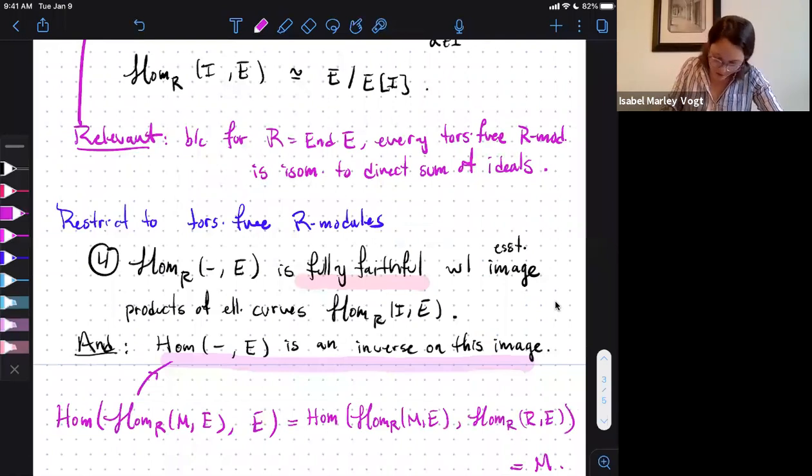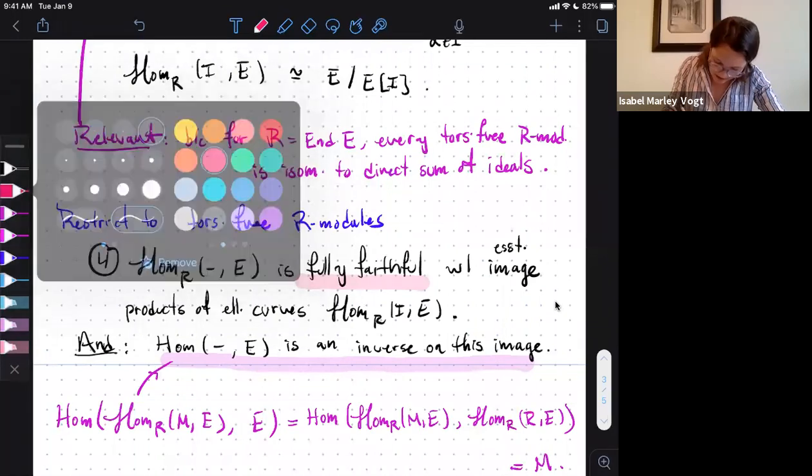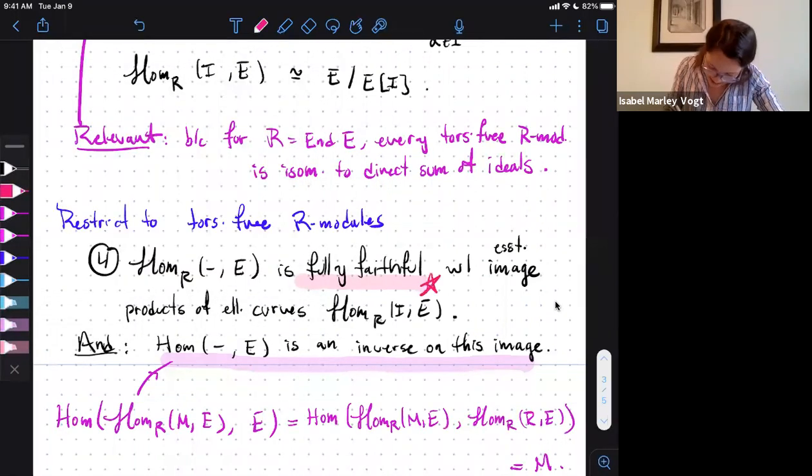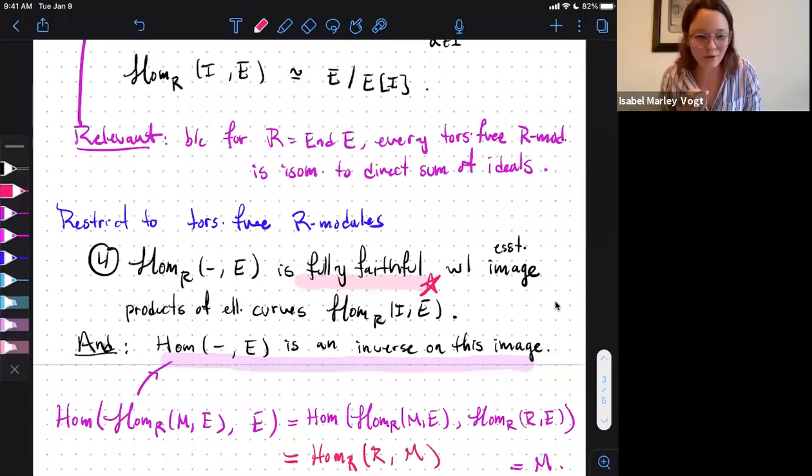And now I use the fact that it's fully faithful and rewrite this as Hom of R modules. And remember, the arrows get swapped, the order. So this is of R into M, and you see that is, of course, M as we hoped. So it is just some really basic algebra once you get these results about how these functors behave.